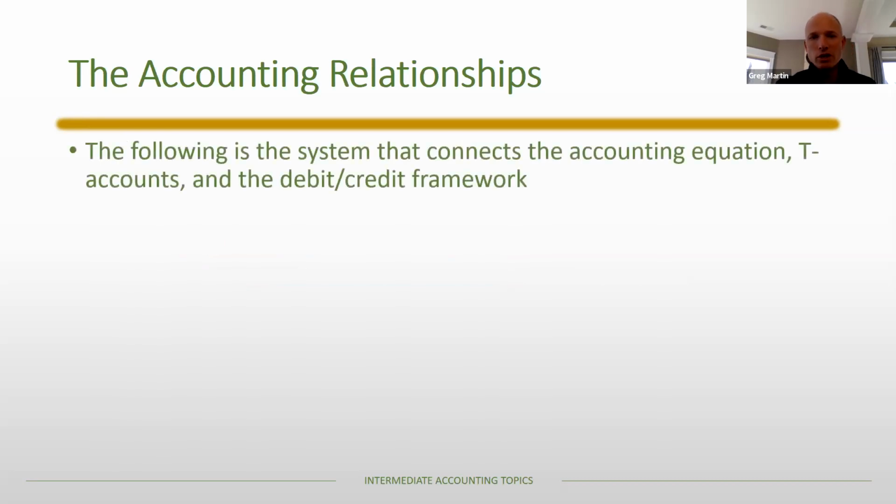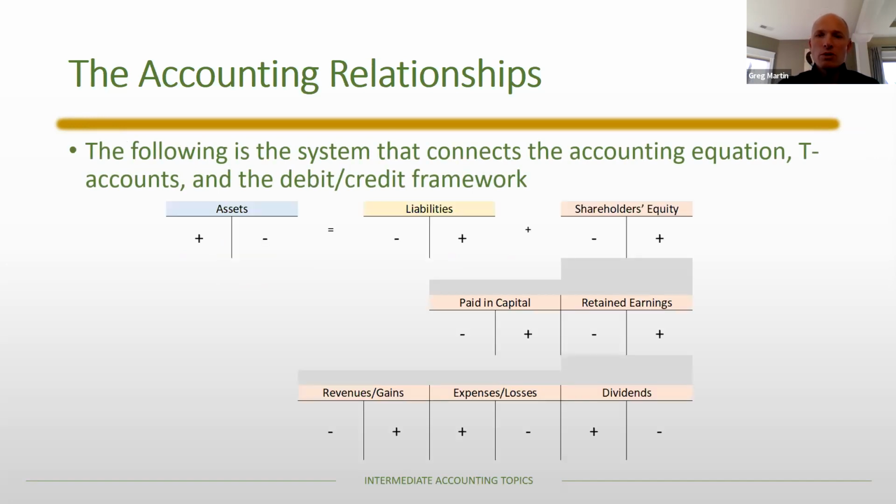All right, so this picture is something that we're going to walk through. This picture is also in your book. Maybe not quite the same color, but it's a very similar picture. Notice across the top, we still have our accounting equation: assets equals liabilities plus shareholders equity. That is still there. Underneath shareholders equity, we still have the two permanent accounts, paid in capital and retained earnings.